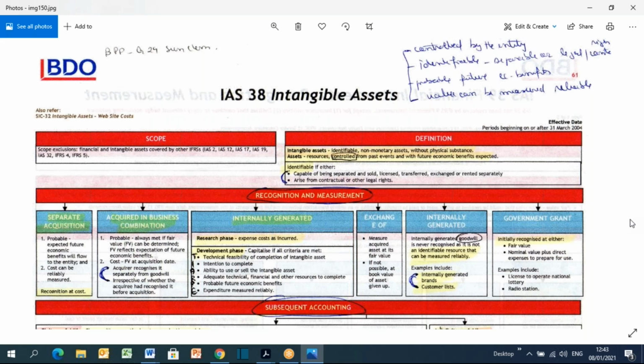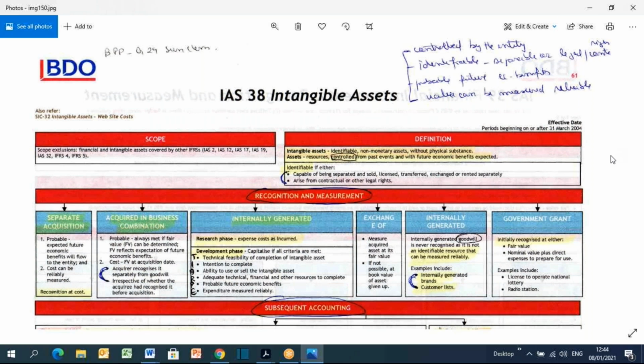And I've also added here that it is controlled by the entity, is identifiable, is separable or arising from a legal or constructive obligation, with probable future economic benefits, and value can be measured reliably. So you should know the definition, you should know the recognition.